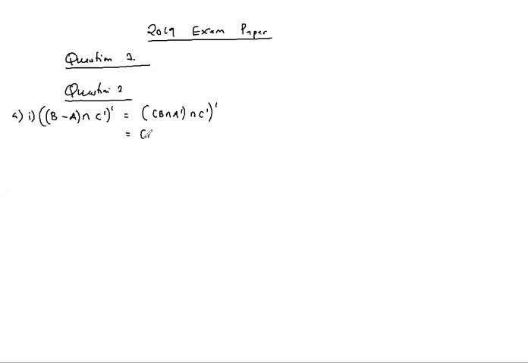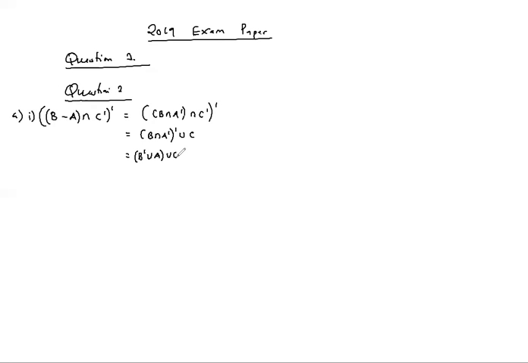So we're going to have B intersection A complement complement union. It will affect the intersection, making it union C, because of the two complements there. And this, we now take the complement outside inside. So it will be B complement union A and then union C.